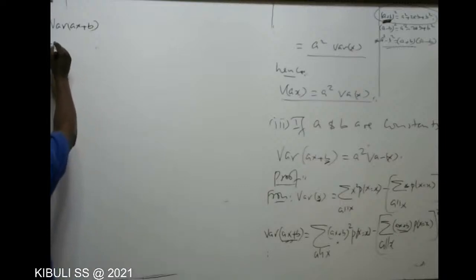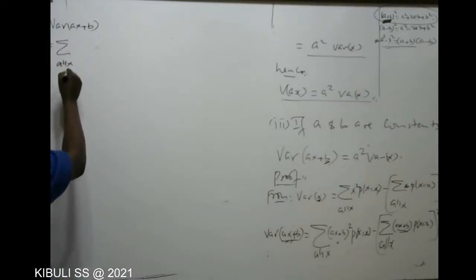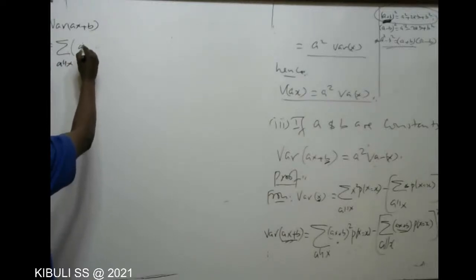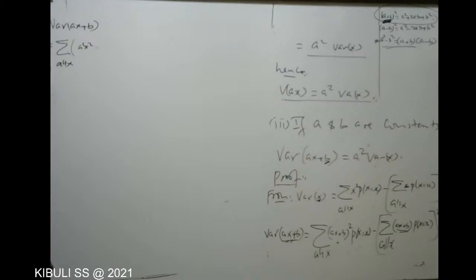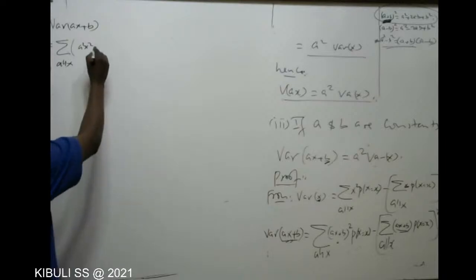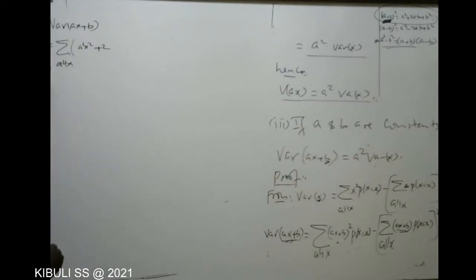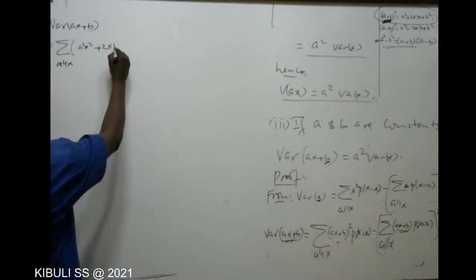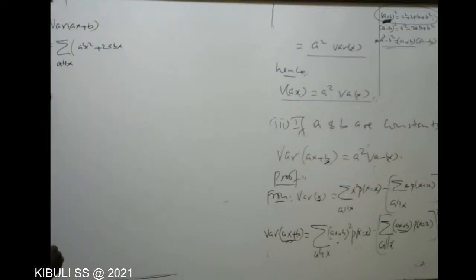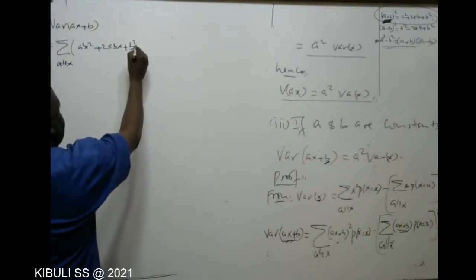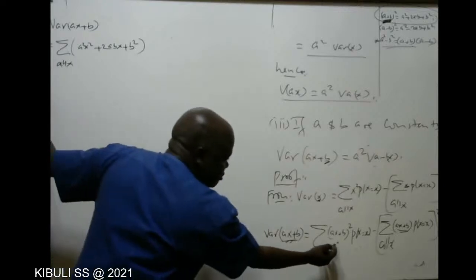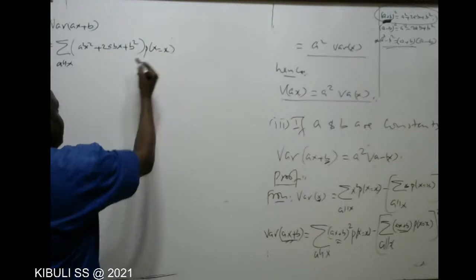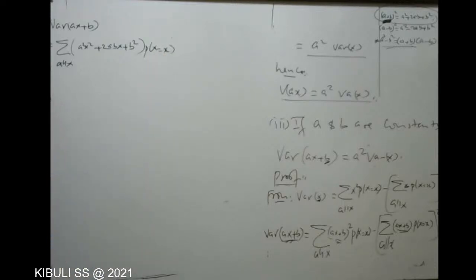I'll say it shall be equal to the sum of all of X. This one will give me A squared X squared, plus 2 times my A, BX, plus B squared. That will be this expansion here, but multiplied by the probability of X is equal to X. That will be that one.